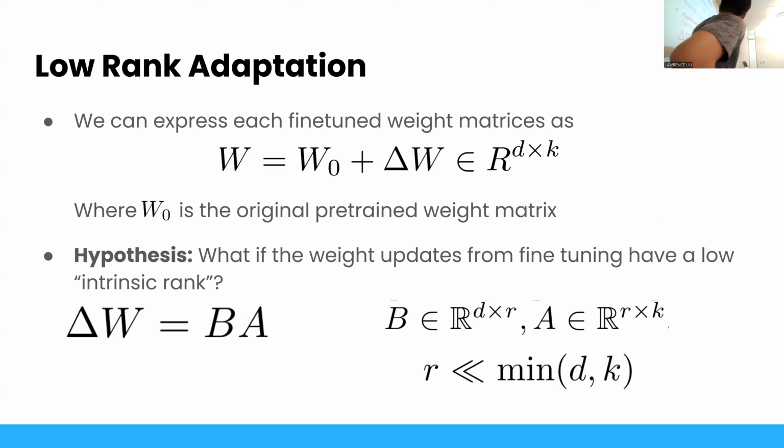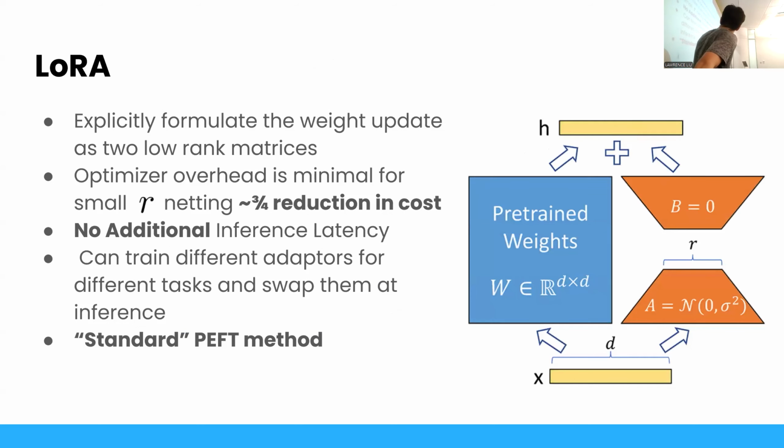If so, that means that we can parameterize it as B times A, where B and A are both rectangular matrices, where the rank is much smaller than the actual dimension of the matrix. So then what does this give us?